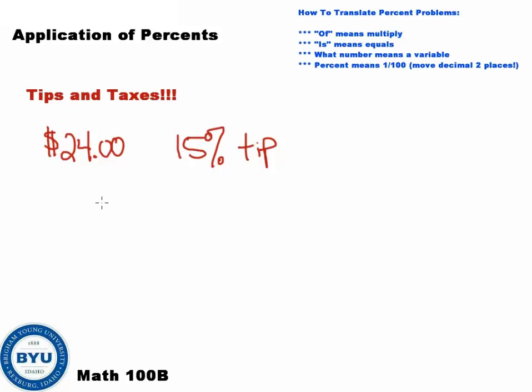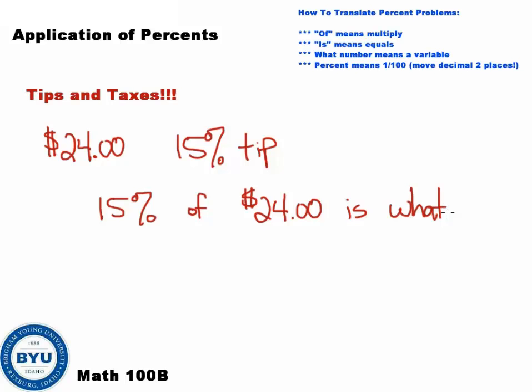Basically, what we would ask ourselves is 15% of $24 is what tip? And so to calculate that, we would just go 0.15. Remember, multiply is our of. $24 is means equal sign, and what tip?